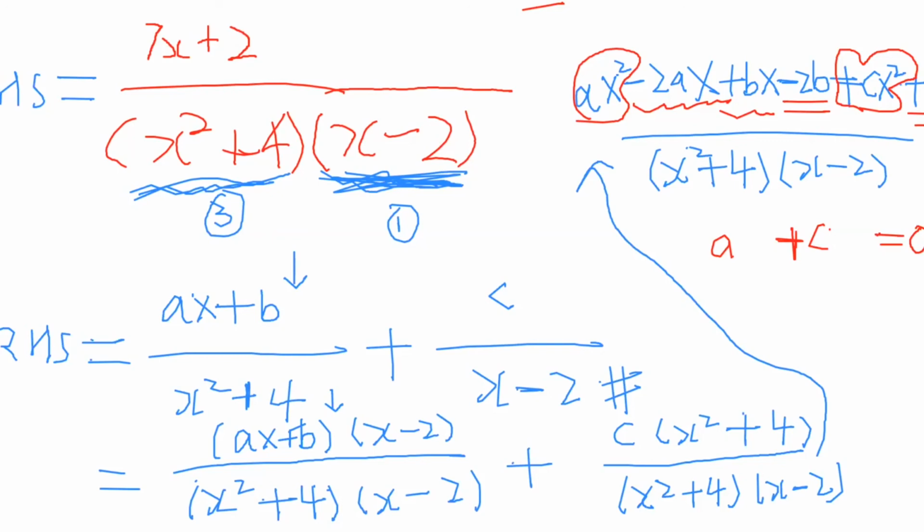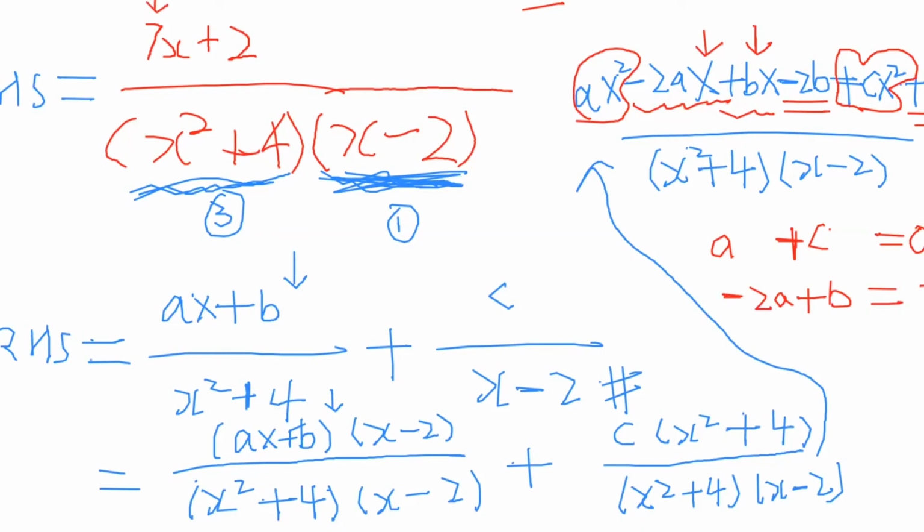Okay? Then now, your x term: minus 2a plus your b is equal to 7.